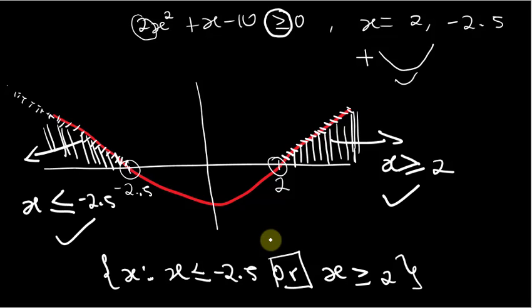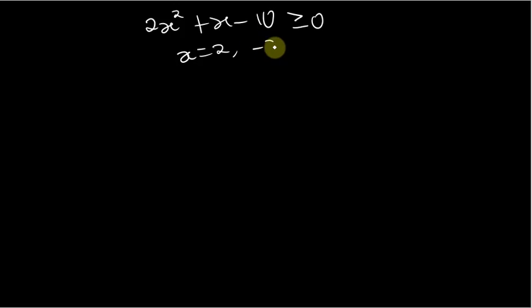Let's try the number line approach also. That is the testing approach. For the testing approach, the quadratic expression given was 2x squared plus x minus 10 being greater than or equal to 0. When we solve the quadratic equation, we had x equal to 2 and negative 2.5.